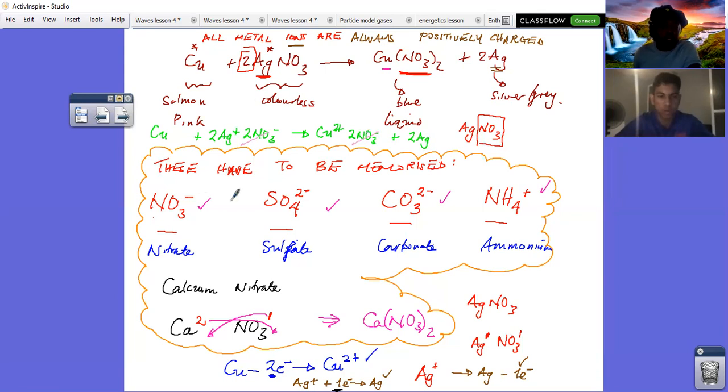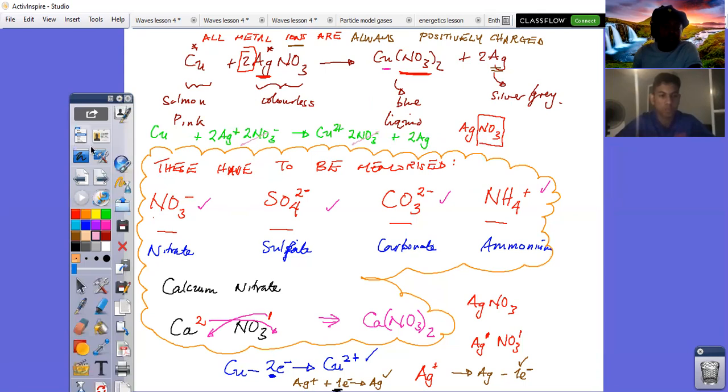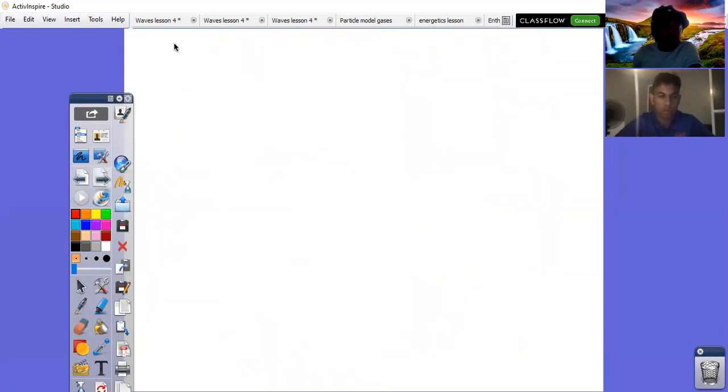So the overall ionic equation, sorry, it's on another page here, but you remember what the spectator ions are? Yes. Absolutely spot on. That's what we call the spectator ions, because nothing happens to them. They're in the same state, both on the left-hand side as well as the right-hand side.